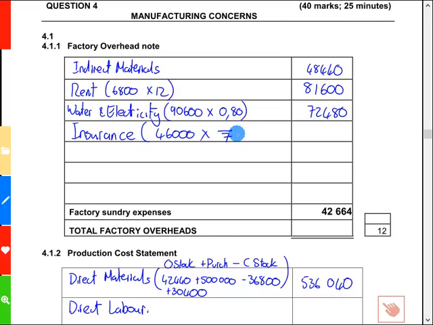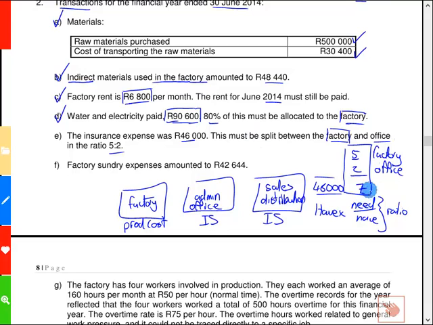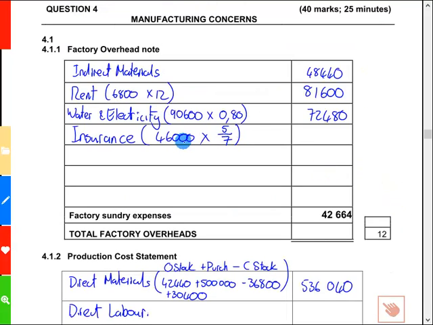Well, if we divide that total by 7, you're going to get 1 part. But we need 5 parts relate to the factory times what we need over what we have. We need the factory, we have the total, so 5 over 7, and that gives you 32,857.